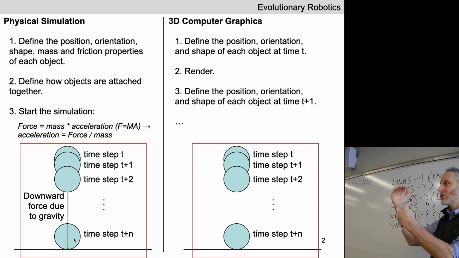Those two forces cancel each other out, and we have 0 divided by whatever the mass of this object is. So the acceleration of this object at this point in time is 0. Technically, it should probably be a deceleration, but in this cartoon example, I just want you to get the intuition here.